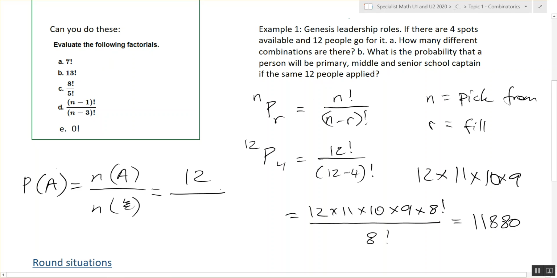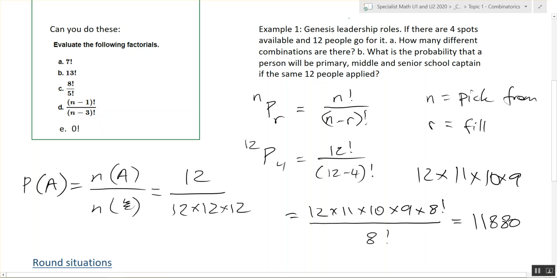So it's not the same people can do all 3, so we're not going down by 1 this time. So first person could be any of the 12. Then the next person could be, again, any of the 12.